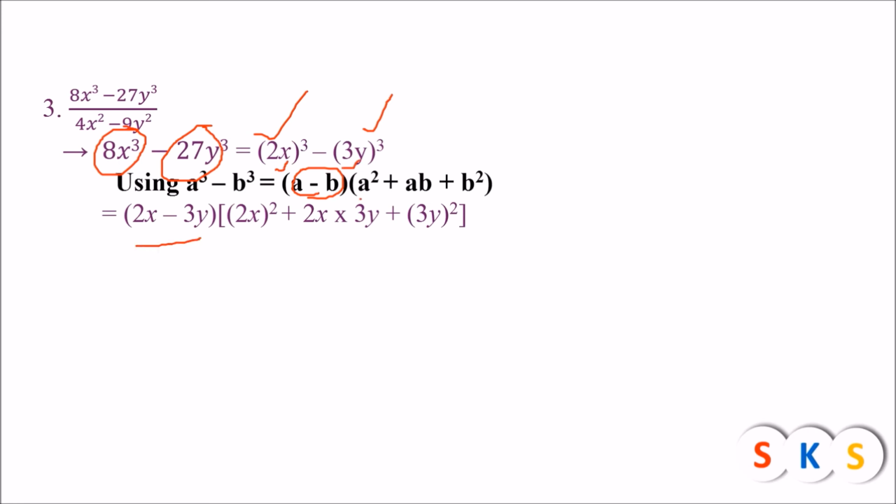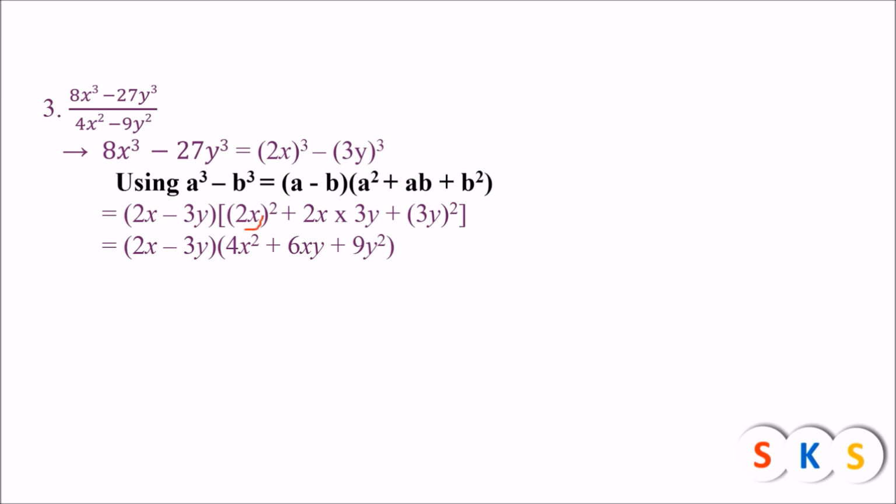Now we have a square, that is 2x square, ab means a into b, that is 2x into 3y, and b square, and what is b over here? It's 3y. So we have substituted the values of a and b. Let's see what we will get over here. We will simplify the second bracket, so 2x the whole square will become 4x square.